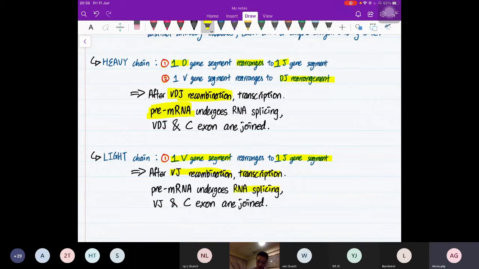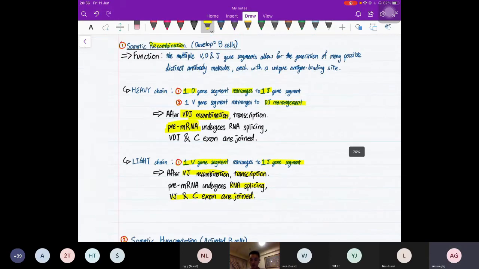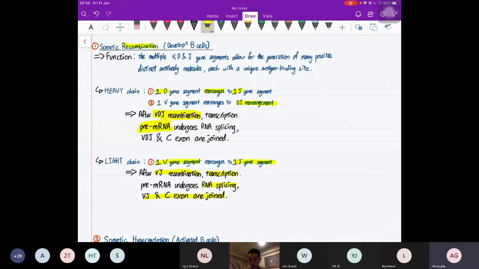Pre-mRNA undergoes RNA splicing, and your VJ and your C exons are joined. Then you go to translation, and translation gives you the polypeptide. But if they're talking about somatic recombination, they are stopping here. They're just talking about the first two steps for your heavy chain, and only one step in your light chain. That's all they're talking about for somatic recombination.